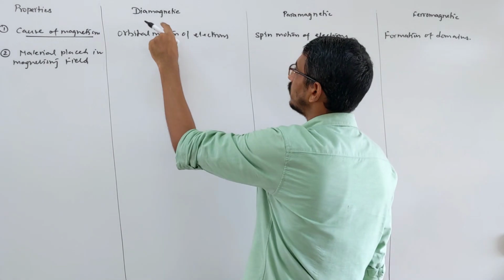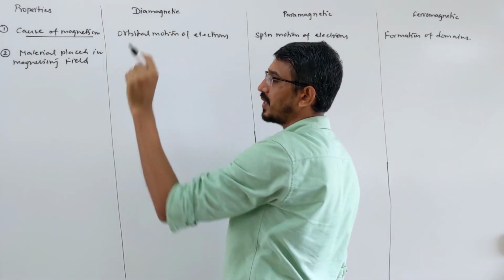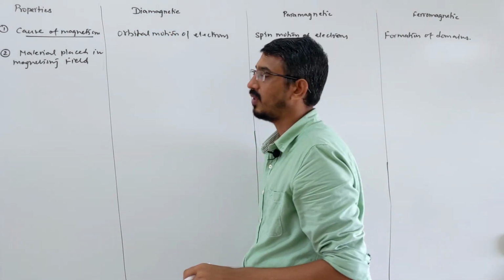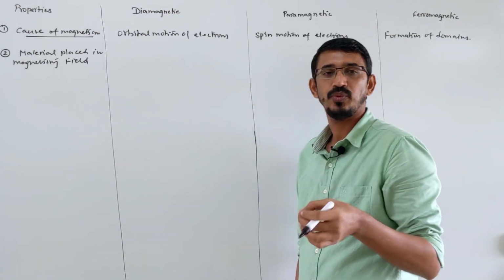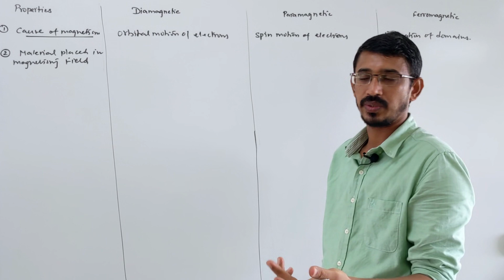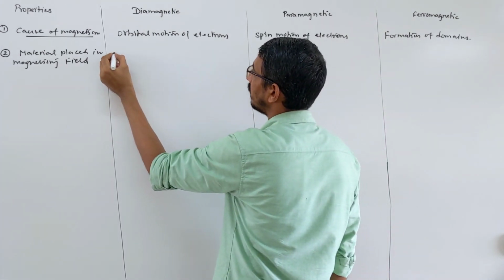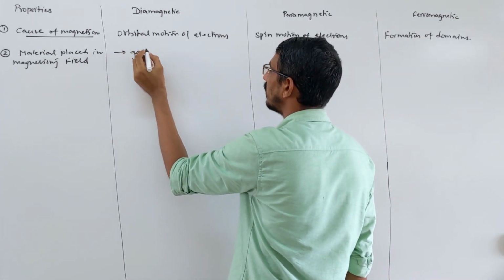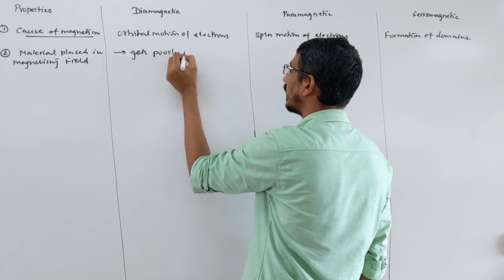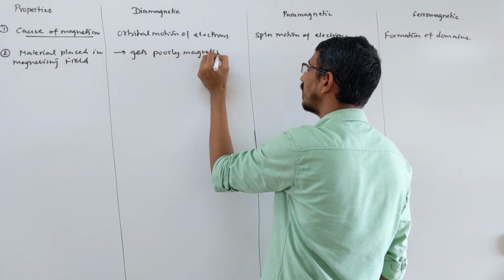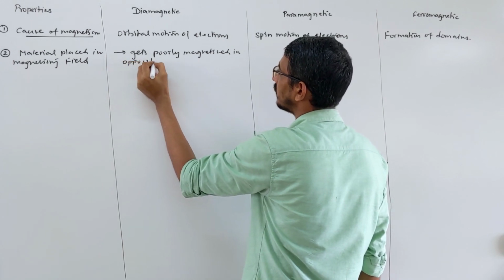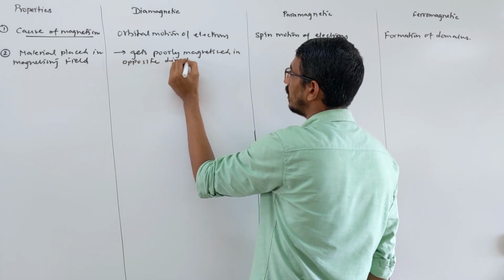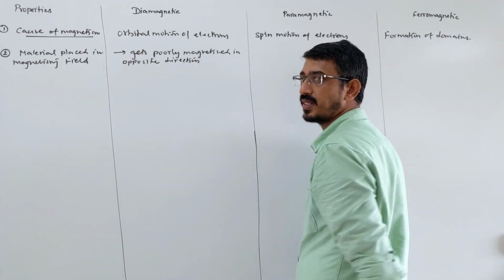When a diamagnetic material is placed inside an external magnetizing field, it gets poorly magnetized in the opposite direction, meaning the opposite direction of the magnetizing field.